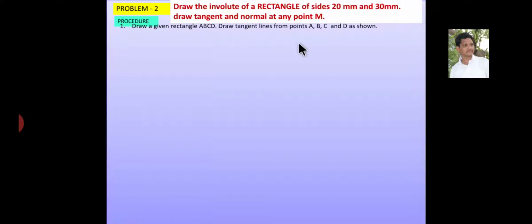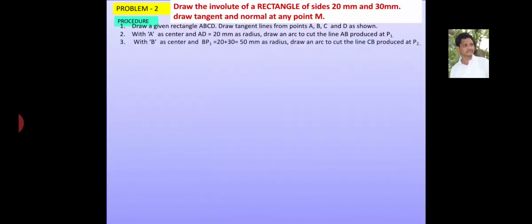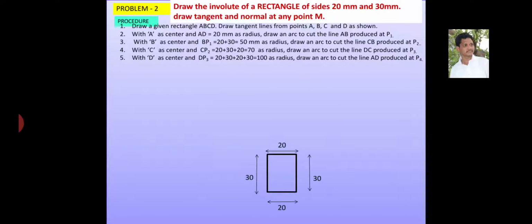So draw the given rectangle ABCD. Here I consider the horizontal line as 20 mm and the vertical line as 30 mm.